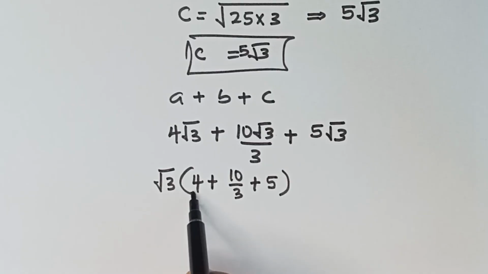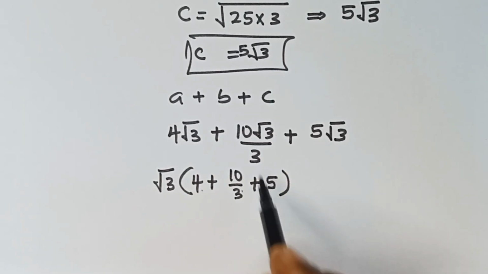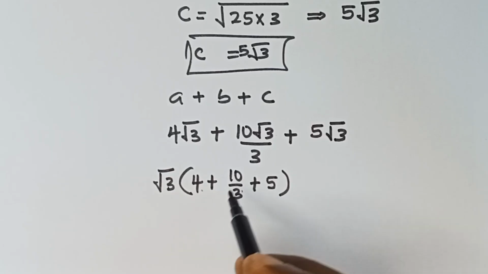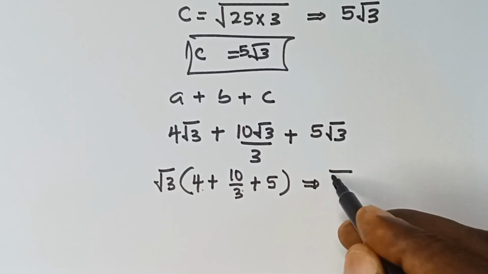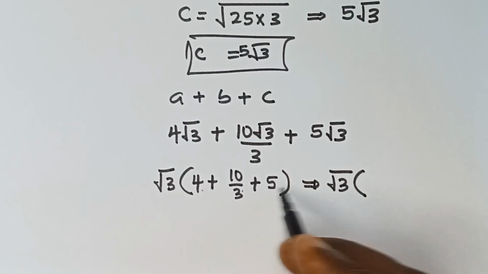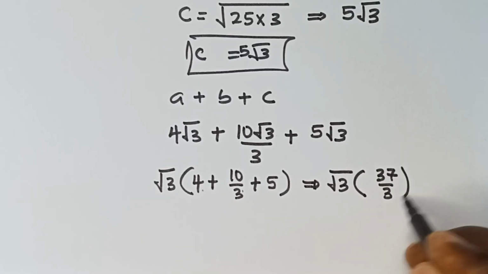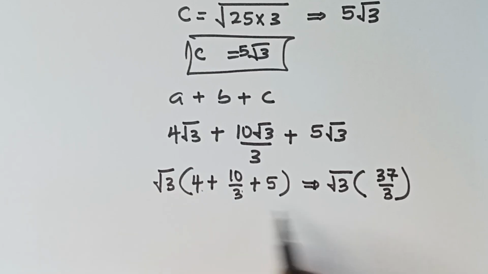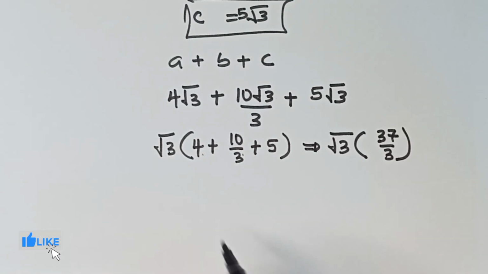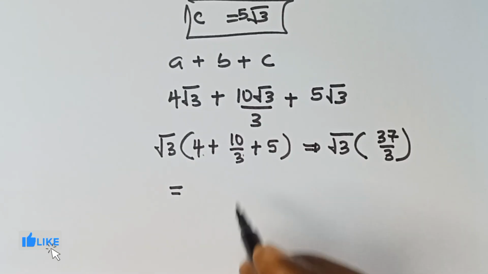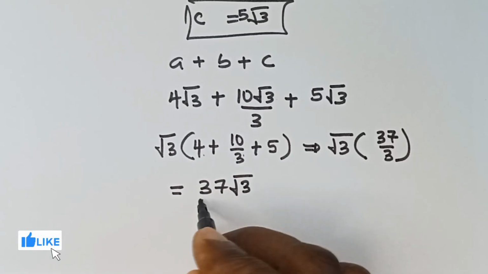If you solve 4 plus 10 over 3 plus 5, the whole of this will give us 37 over 3. And by the time you multiply that by root 3, we have 37 root 3 over 3.